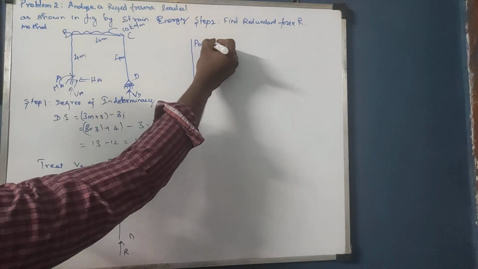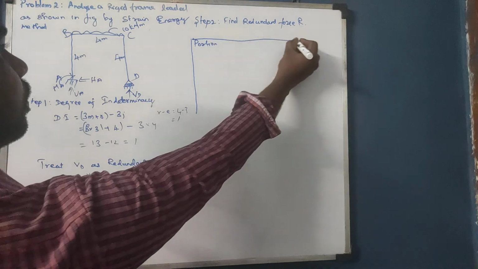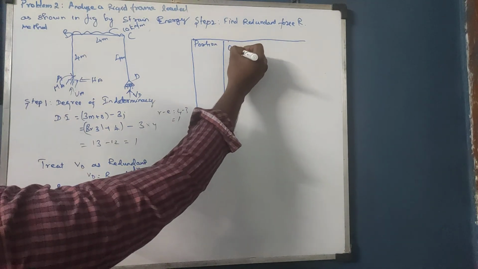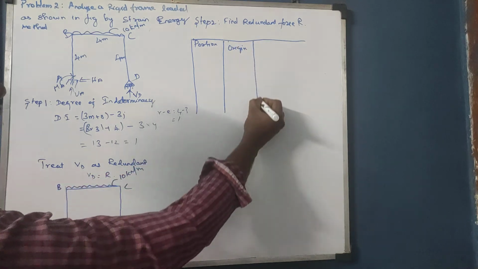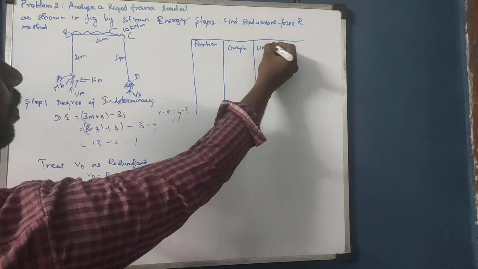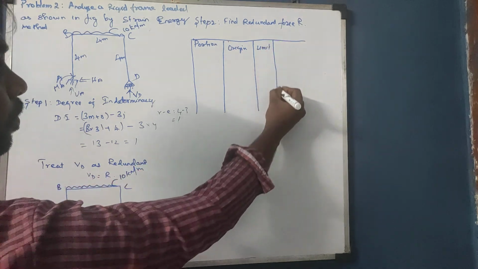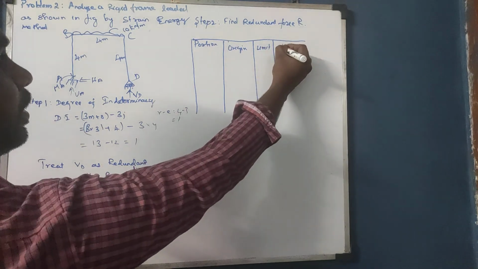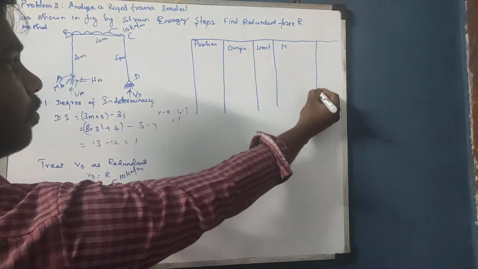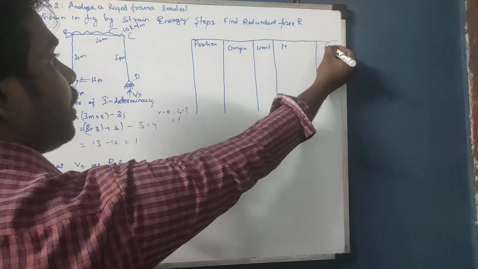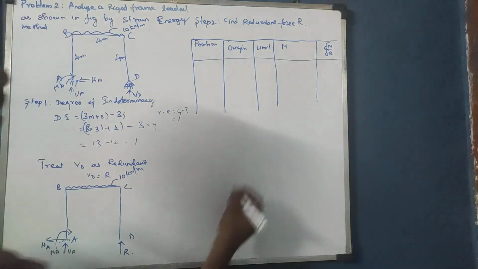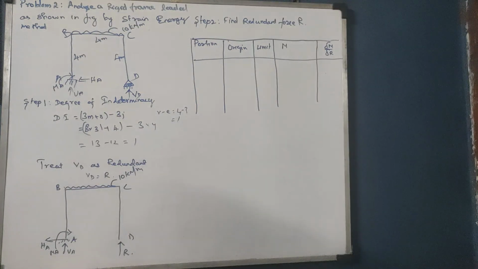First one portion, second one origin, third one limit, fourth one M, and fifth one dou M by dou R.